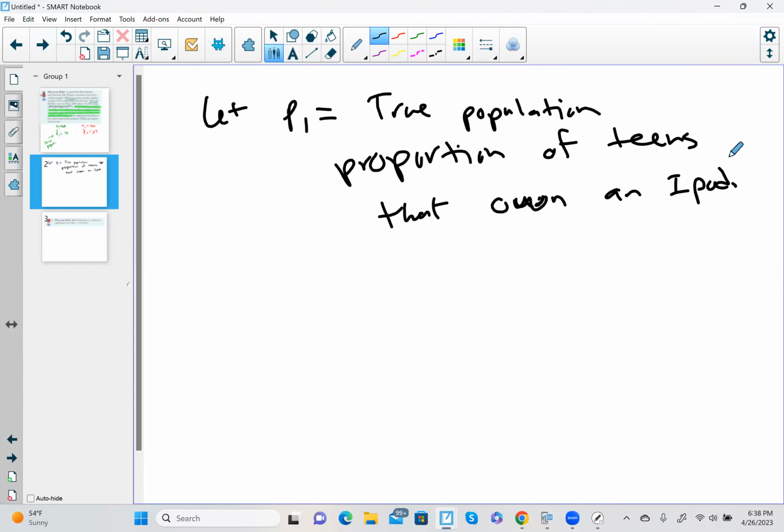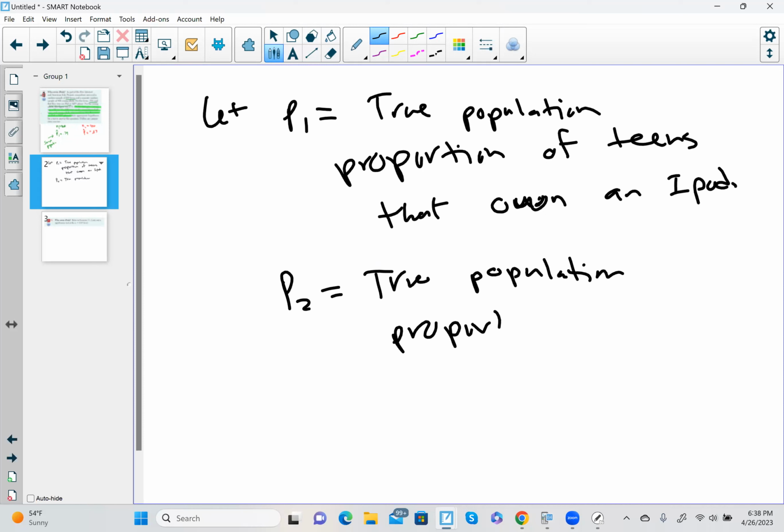It's like they don't make them anymore, I don't think, right? They just make iPhones. And then p2 is going to be the true population proportion of young adults that own an iPod.